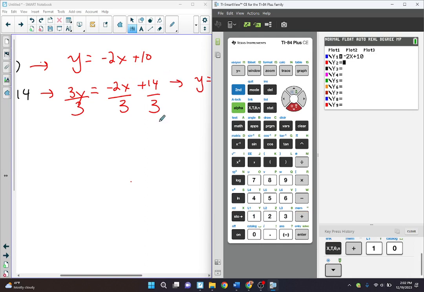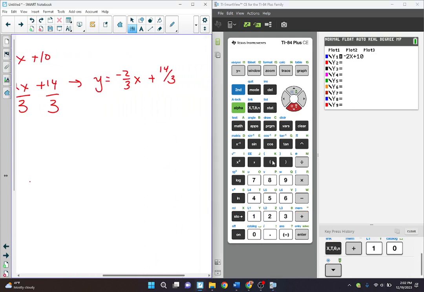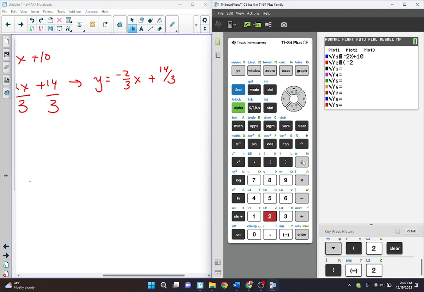The second equation, I'm going to put in parentheses, negative 2/3, close parentheses, x plus, in parentheses, 14/3.